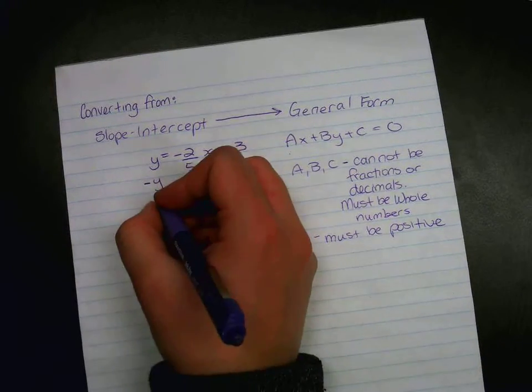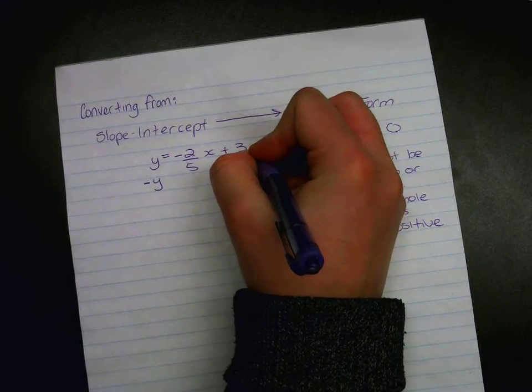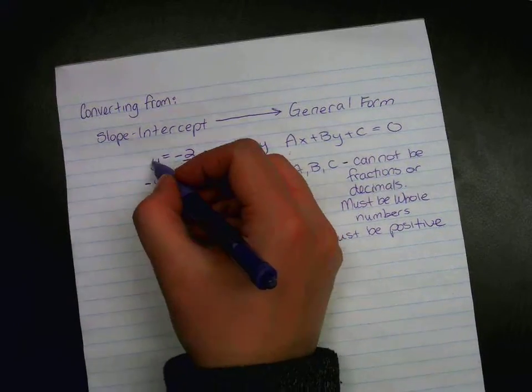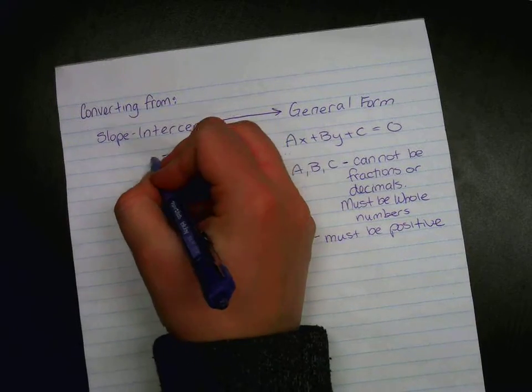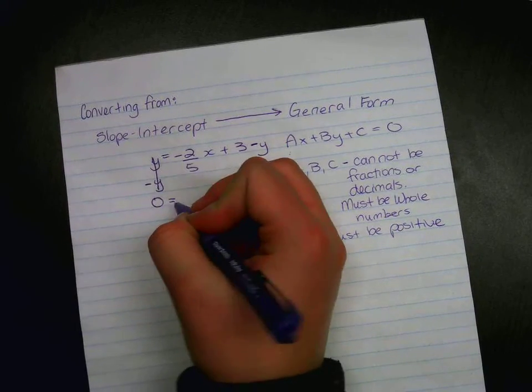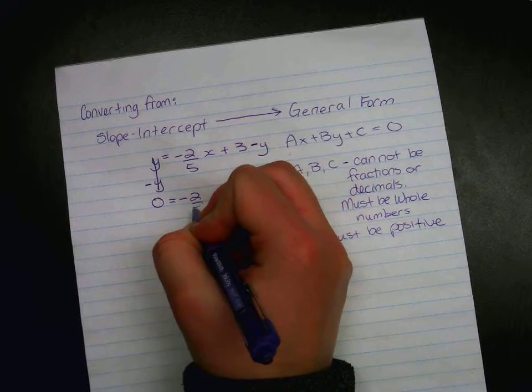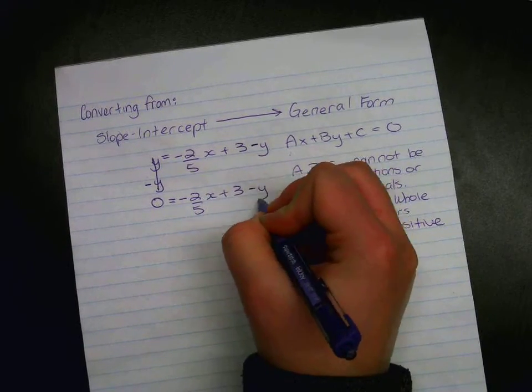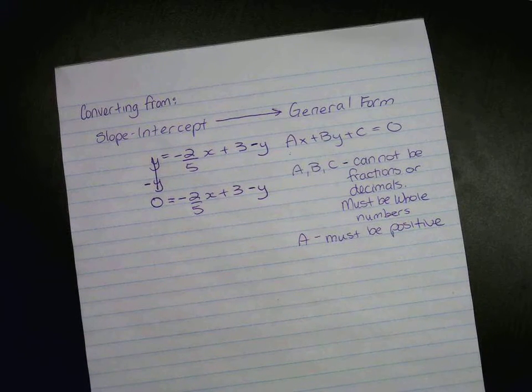And if we subtract it from the left hand side, we must also subtract it from the right hand side of the equation. Y minus y is 0, and we still have negative 2 over 5x plus 3, and now minus y on the right hand side of the equation.